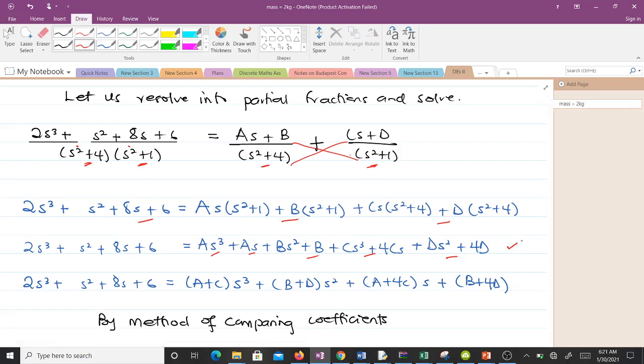So then we have As cubed plus Cs cubed, so that will give us (A plus C)s cubed. Then we have Bs squared plus Ds squared, so that gives us (B plus D)s squared. Then we have As plus 4Cs, and we have this in B plus 4D.